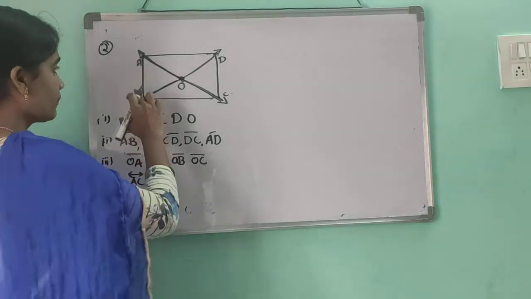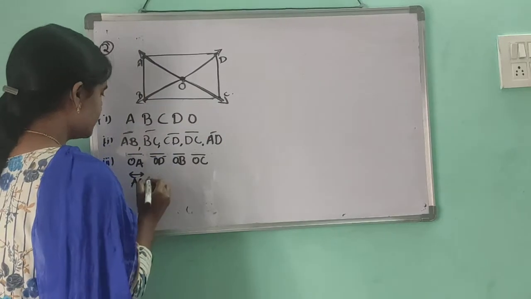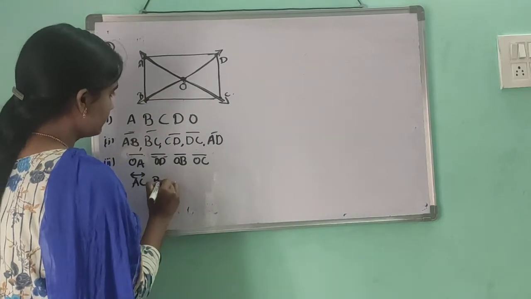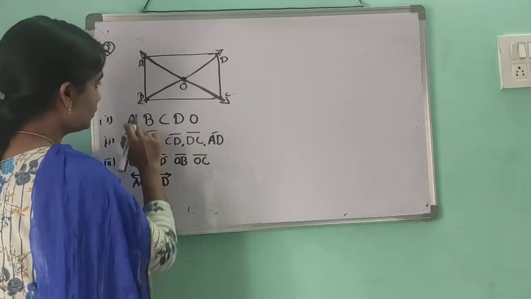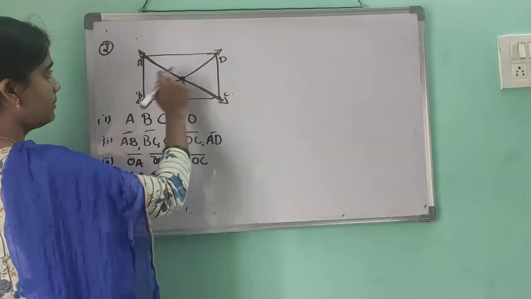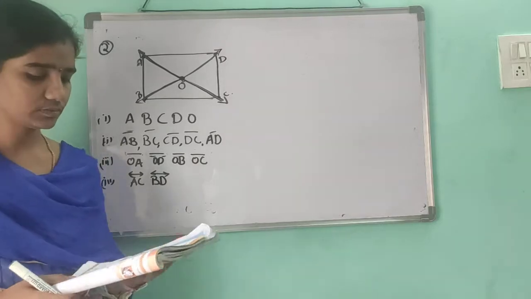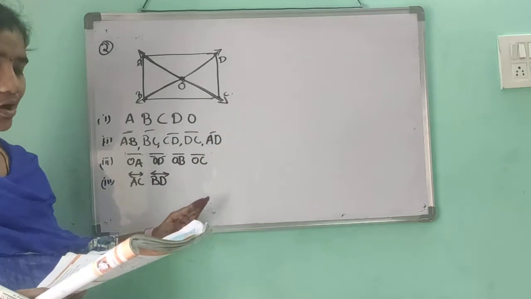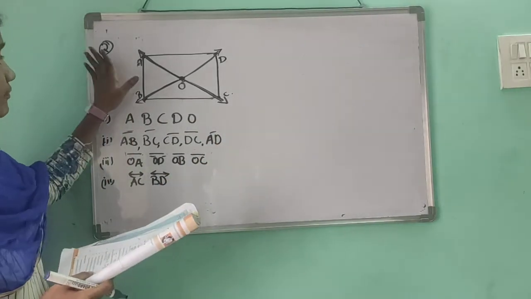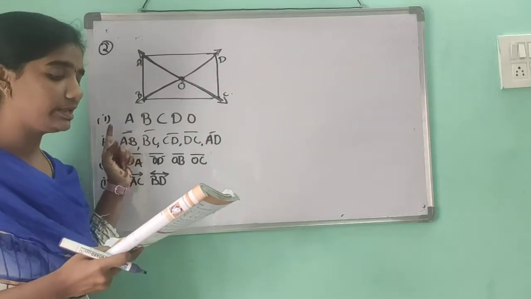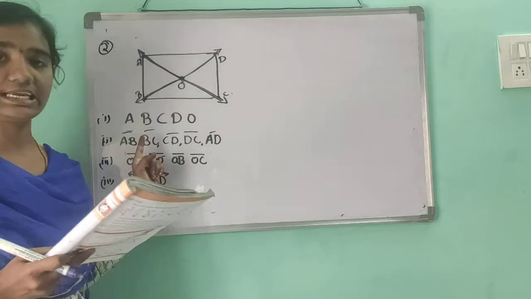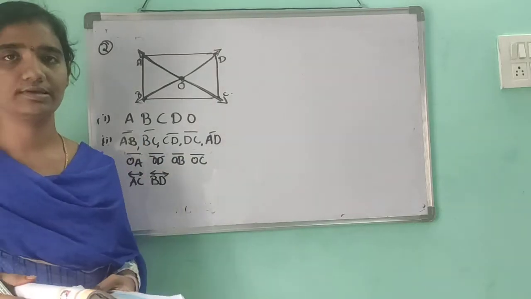So that's why A to C and B to D. So in this way we have to find, from the given figure, the following: 5 points, and second, any 5 line segments, any 3 rays and any 2 lines.